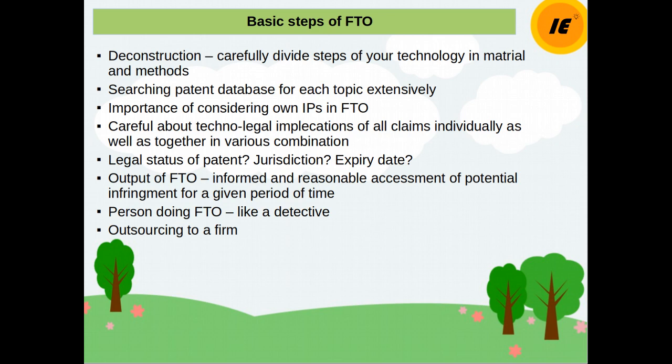The first thing you want to do is something called deconstruction. Deconstruction means that you divide your research into various materials, like what kind of material you had used, and also various methods that you had used. Then for each material and method you have to do some sort of independent patent database analysis, searching the patents.